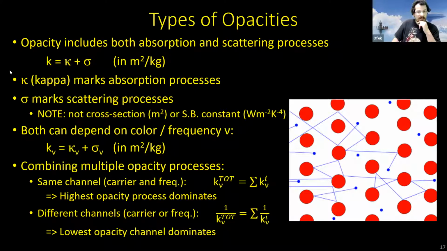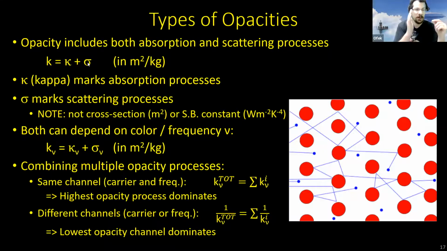And so one typically separates kappa, the opacity, in meters squared per kilogram, into two types of processes, absorption processes, kappa, and scattering processes, sigma.